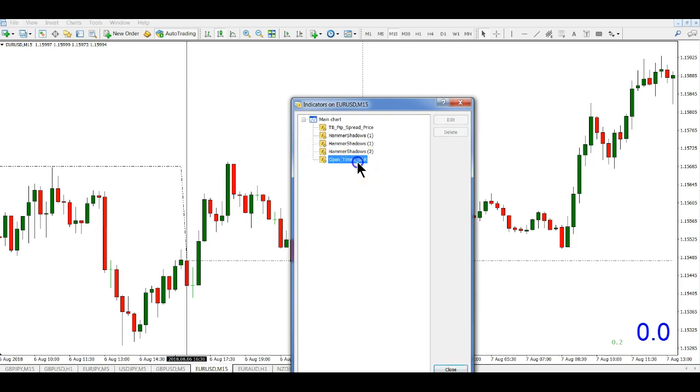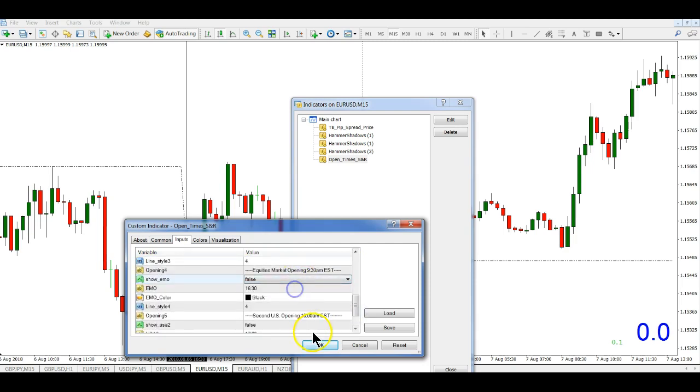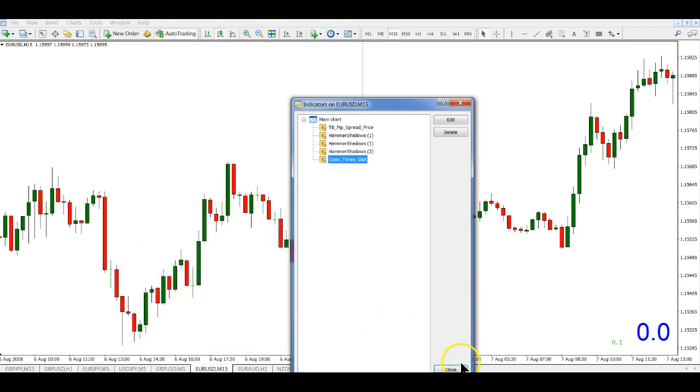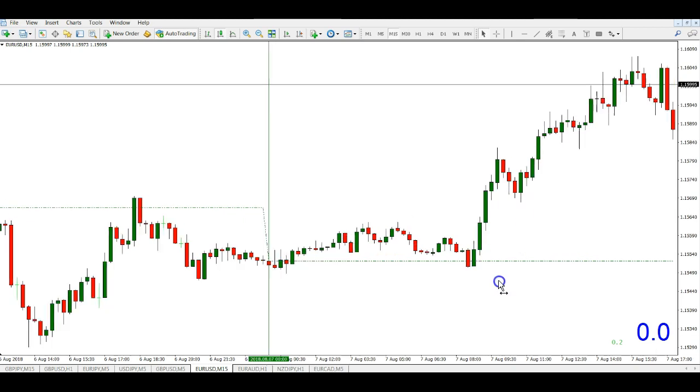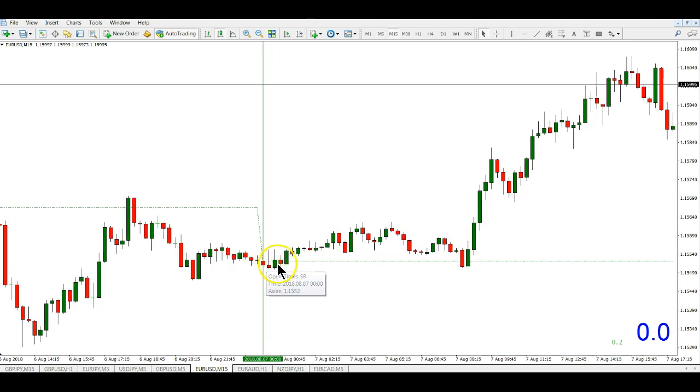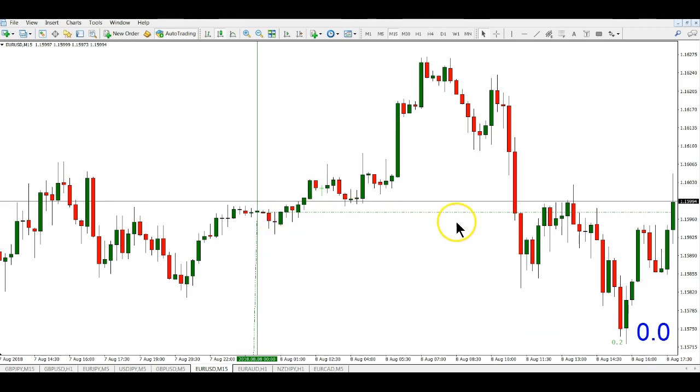So first we're going to start with the close of business, or close of the market at 5 p.m. Okay, this line right here is the 5 p.m. open. This green line here.